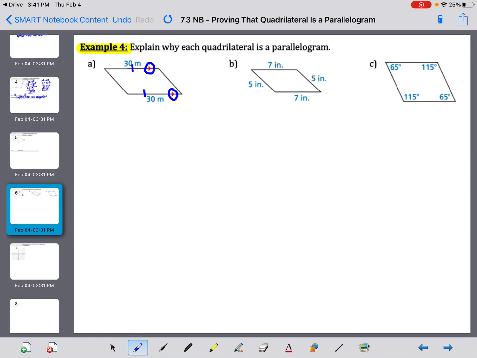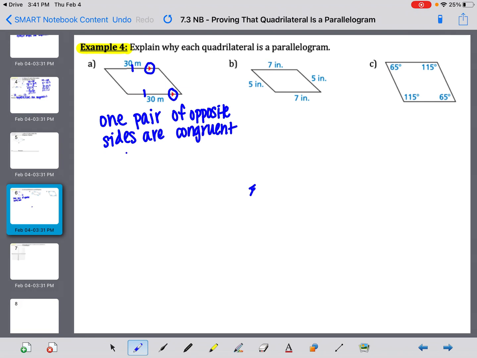So going back to my problem, I can say that it is a parallelogram because one pair of opposite sides are congruent and parallel.